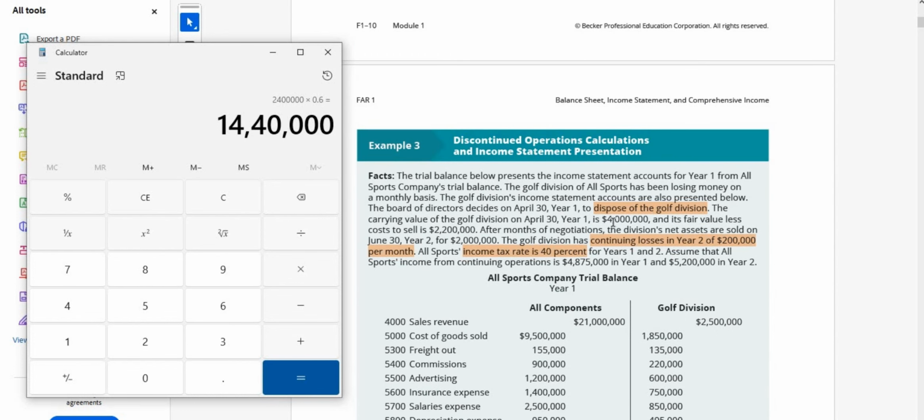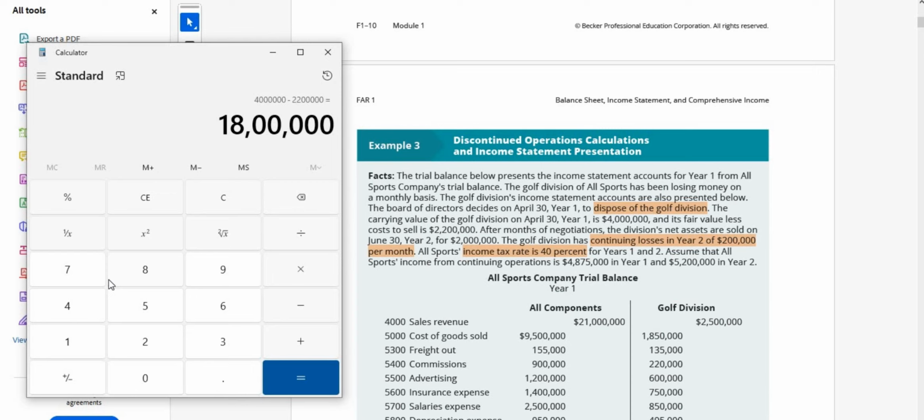And we have impairment loss also. See this, the division's net assets are sold for 20 lakhs. The carrying value of the asset is 40 lakhs and its fair value is 22 lakhs. So the impairment loss is 40 lakhs less 22 lakhs, which comes to 18 lakhs.